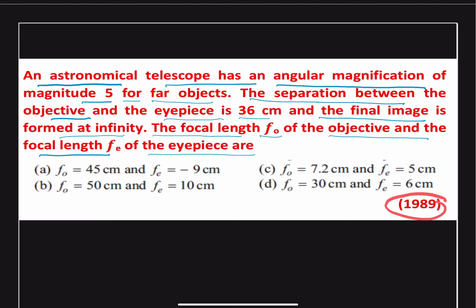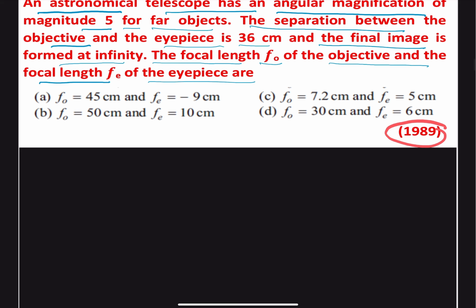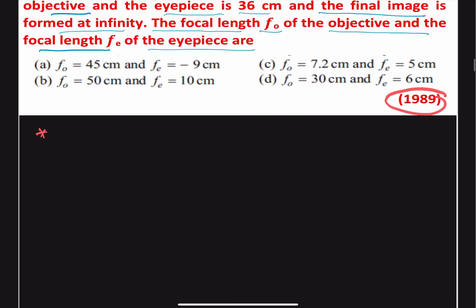The angular magnification is given to us as 5. Let us suppose that is m, and this is equal to 5.